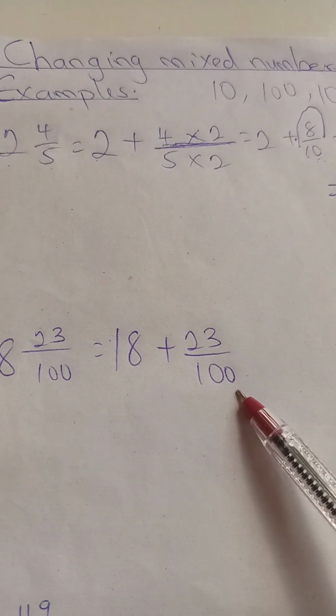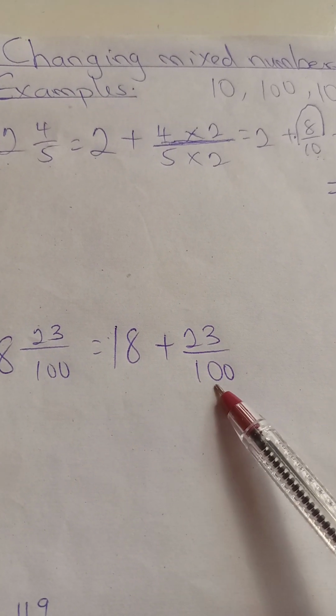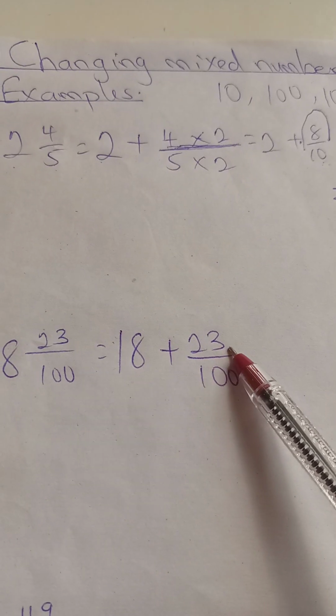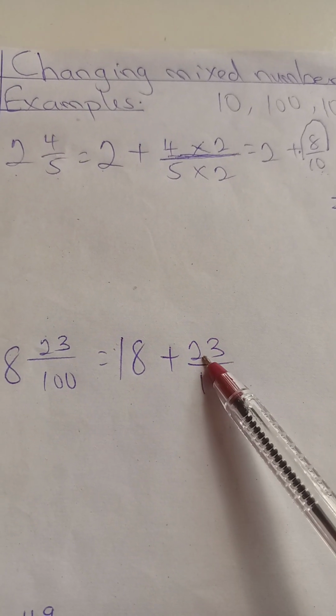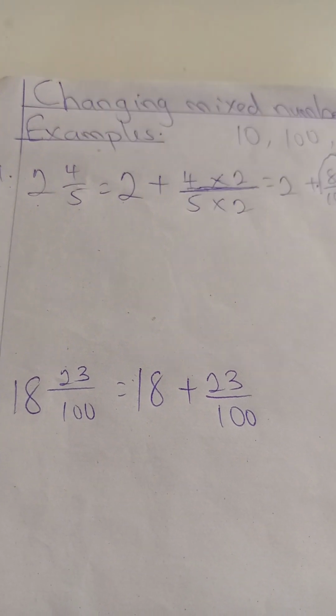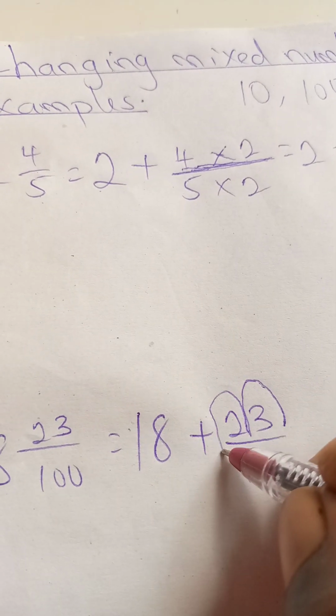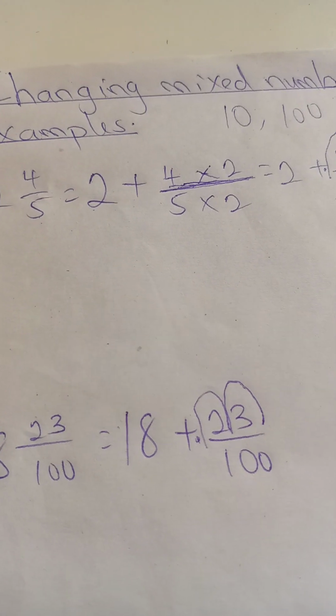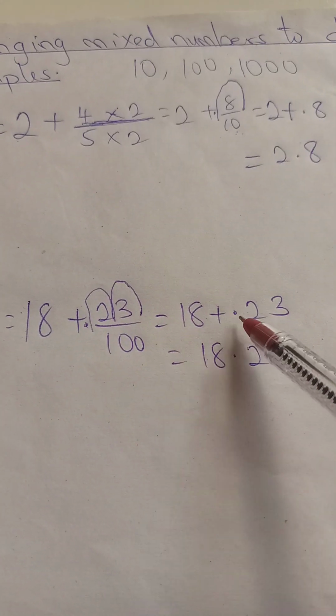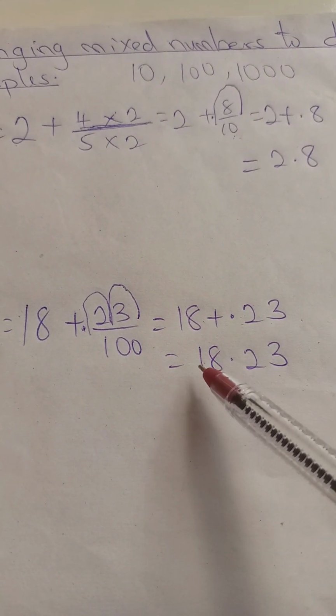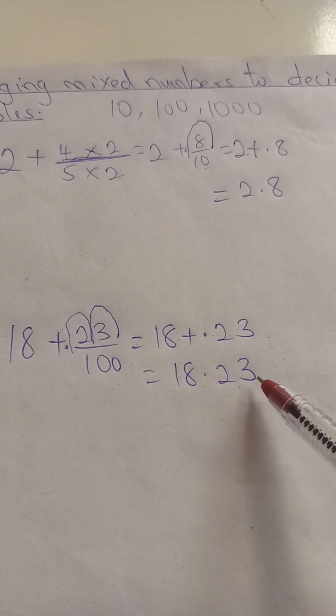After that, since this is already in 100 and 100 has 2 zeros, I have to count the numerator from the back 2 times. That is 2 zeros. Just like this. 1, 2, and put my point. And it is 18 plus 0.23. So my answer will be 18.23.